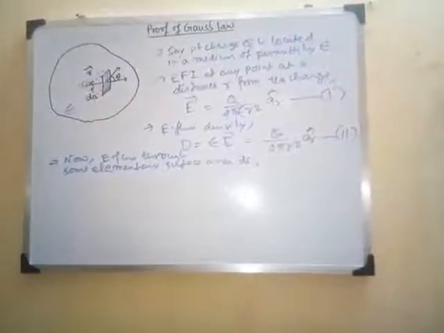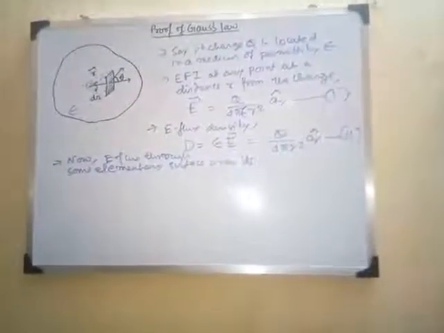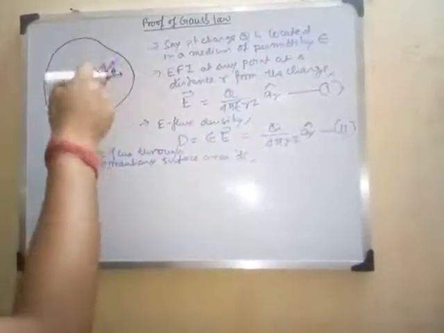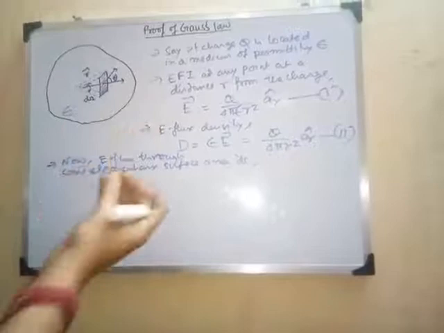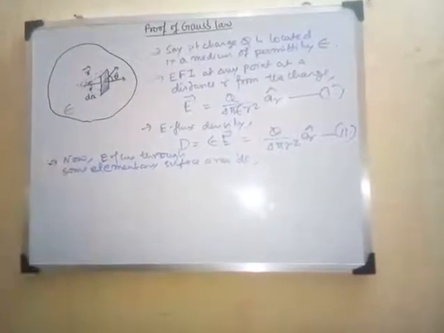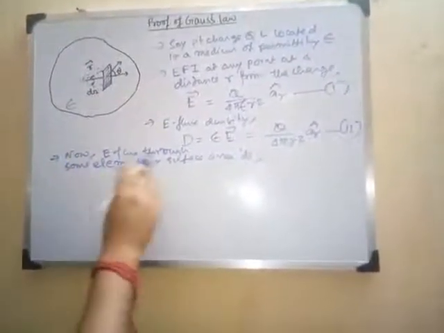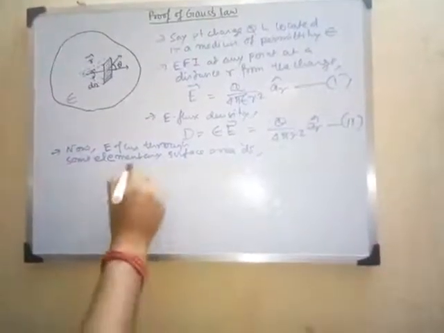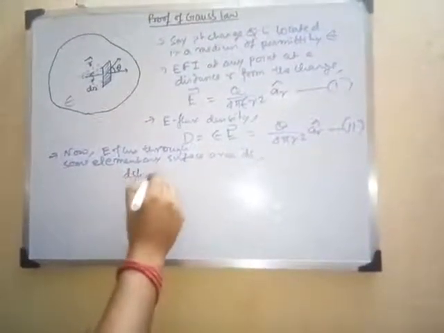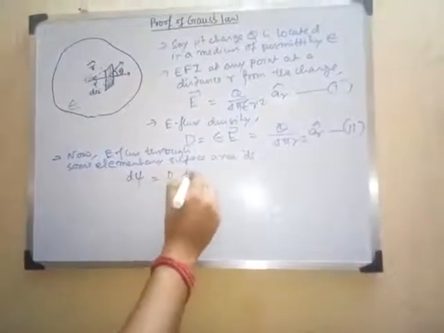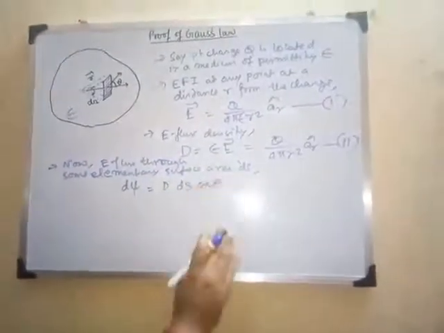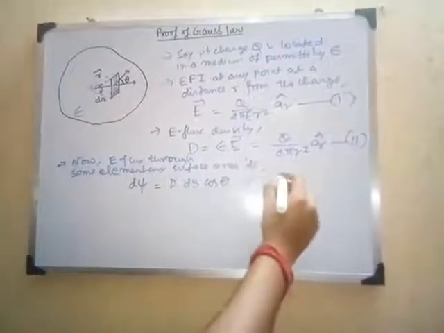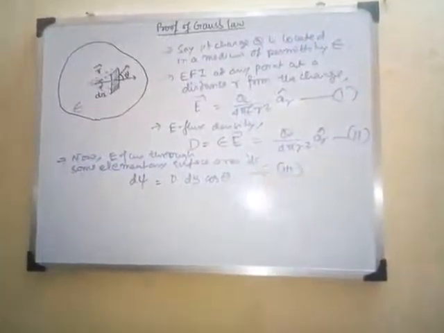For this elementary surface, a part of the total surface dS, we are taking the differential amount of surface from the overall total surface. So we can write the electric flux through some elementary surface area dS as d psi equals D dS cosine of theta, from this figure. So this is our expression number 3.